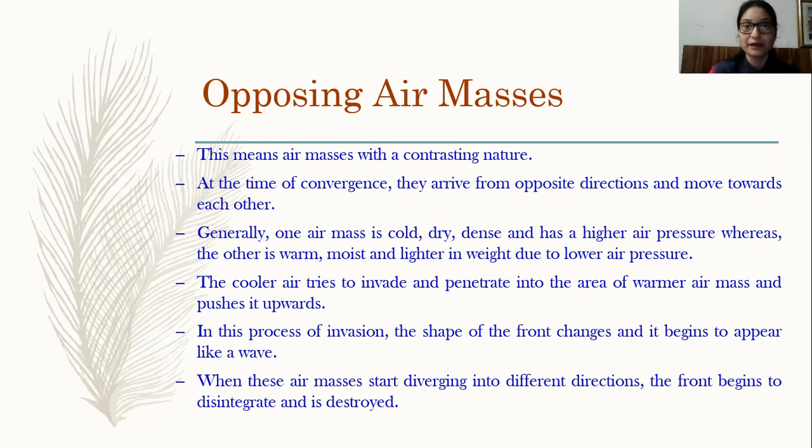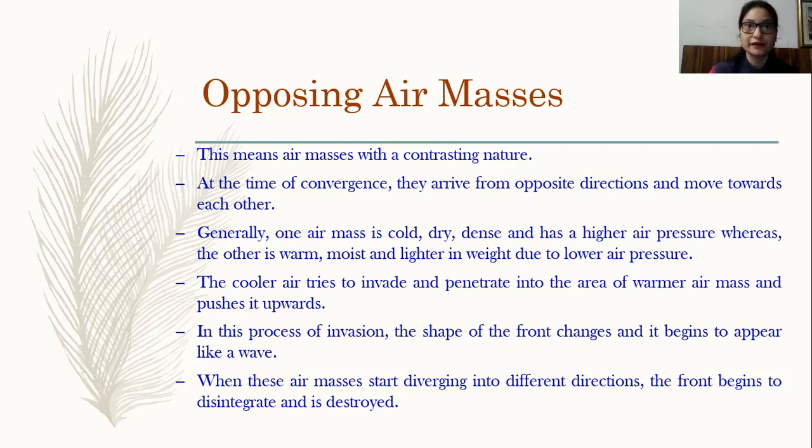these warm air masses have a higher capacity of absorbing moisture from the oceans, from the seas. Okay, so they have a higher capacity of absorbing moisture. So they can be humid as well as dry depending upon the source region.